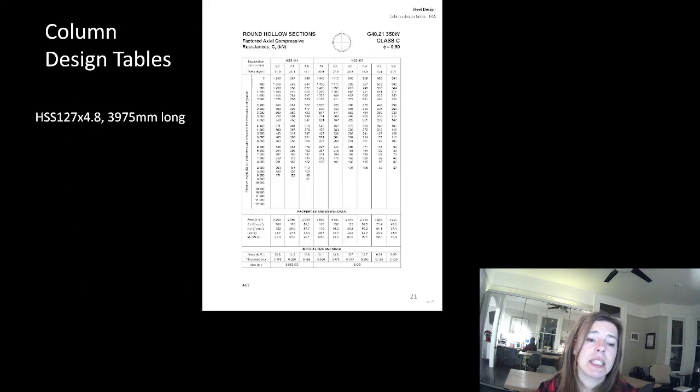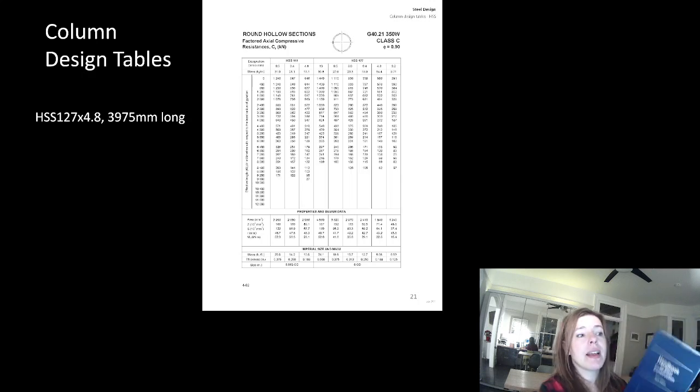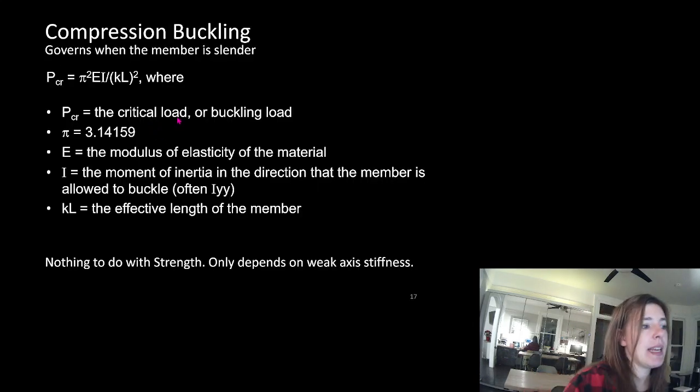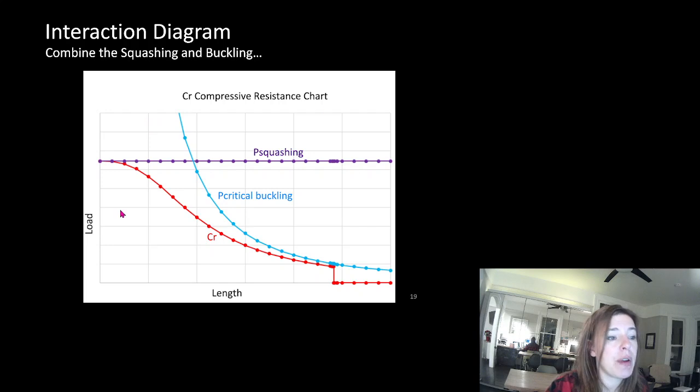All right, so if we don't want to calculate that every time, what can we do? Well, in this steel book, of course, there are column design tables, which means at those heights, they've created exactly this. They've gone through and picked points, and they've checked these values, and they've used that equation to create Cr and plot this graph.